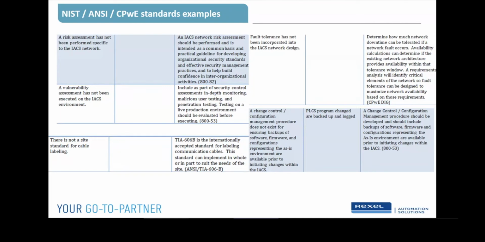And if there are issues or suggestions on implementation of policies that don't exist currently, we will provide those back to you in the deliverable pointing to those standards, right? 800-82 and 53 are industry standards, cable labeling standards, references from best practices in converged plant-wide Ethernet design guides are all provided back to you so that the deliverable truly says you need to implement these standards to achieve your end goals on this network, and it's based on these industry standards. So you get all of that documentation as well.